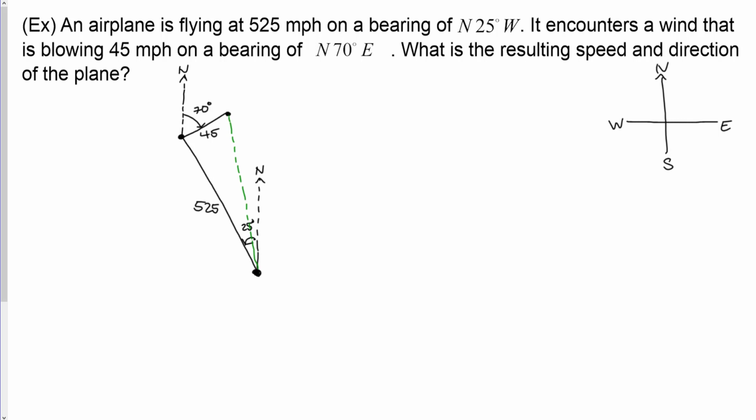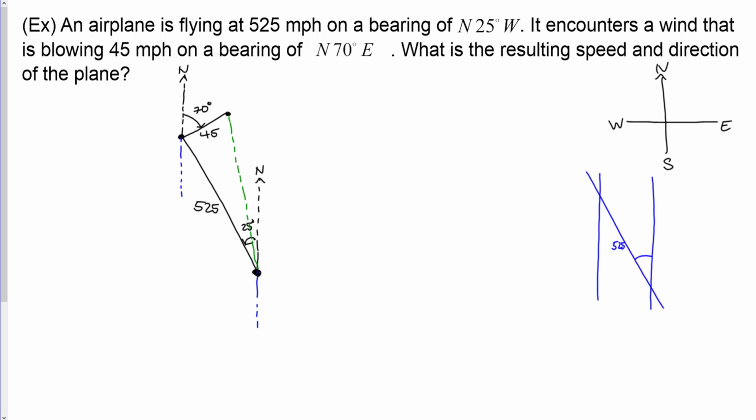The parallel lines that we'll work with are always the north-south lines. And I'm going to extend it just so you can see how I'm looking at this. Now, the north-south lines have a transversal, and that transversal is the length 525 that I'm looking at.